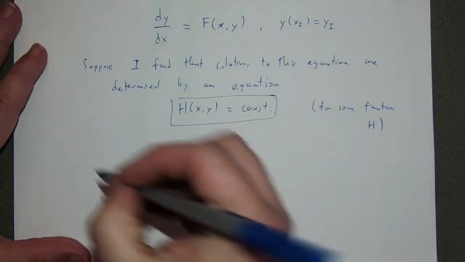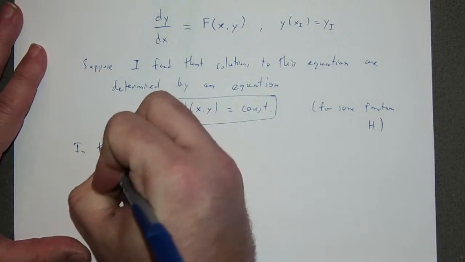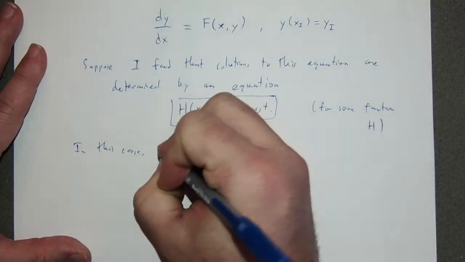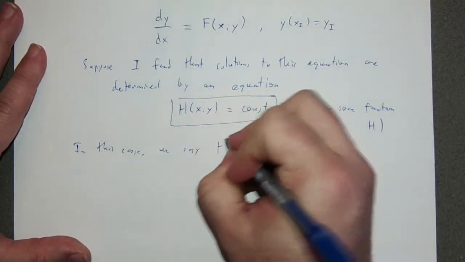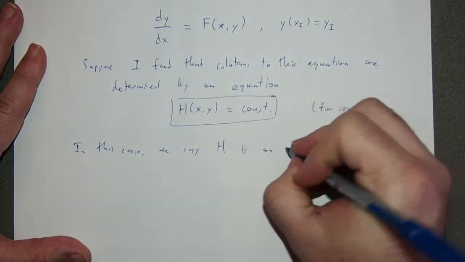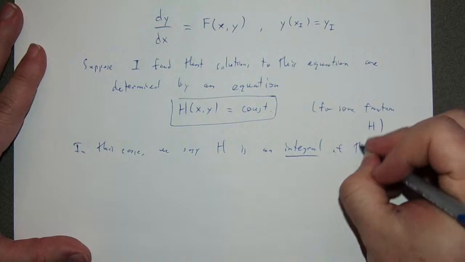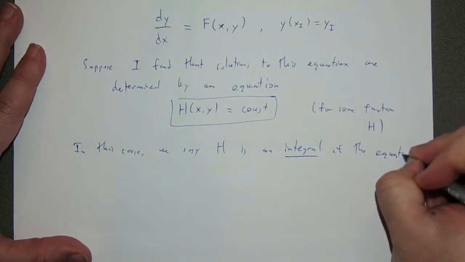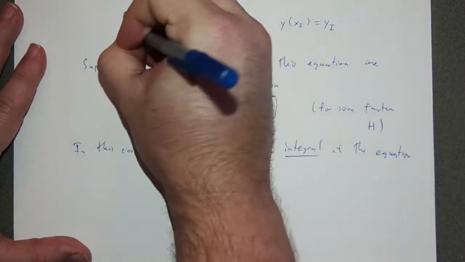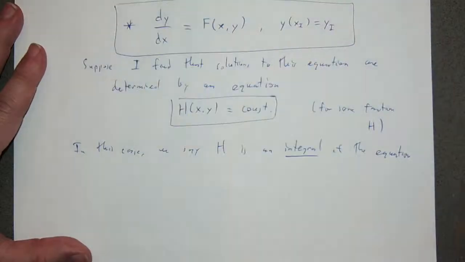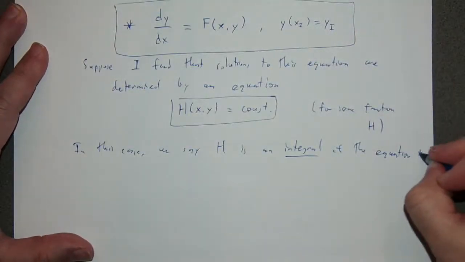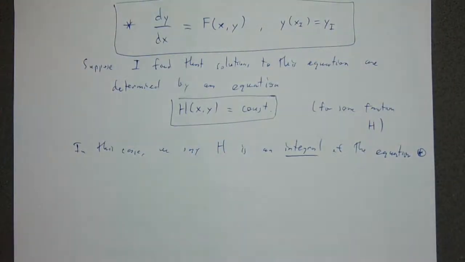In this case, we say h is an integral of the equation. I'll call it star. So this is my IVP. We would say this is an integral of the equation star, and I assume that h satisfies the proper conditions to make this initial condition hold and all that stuff.